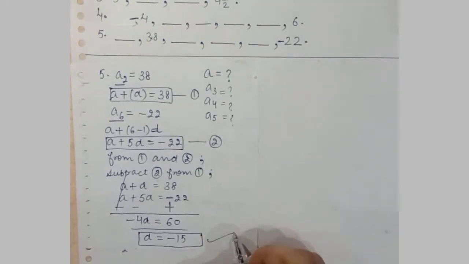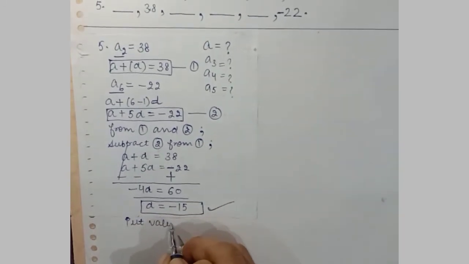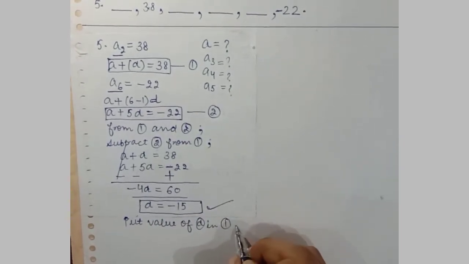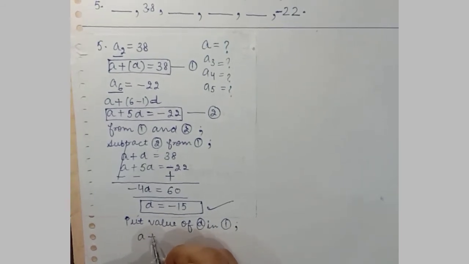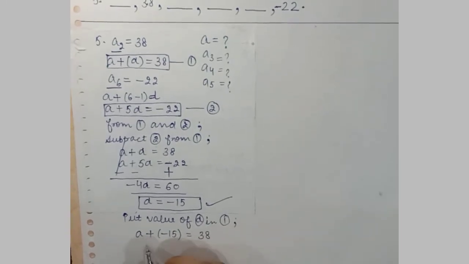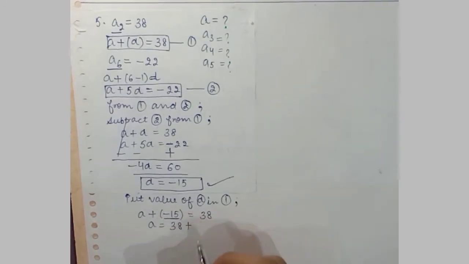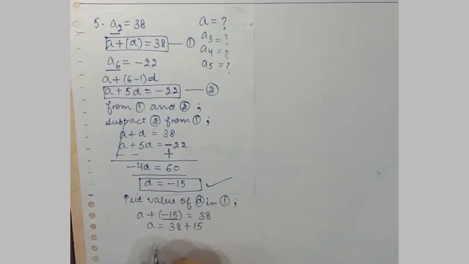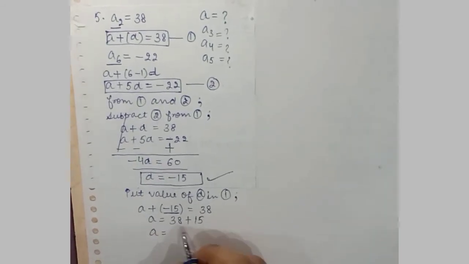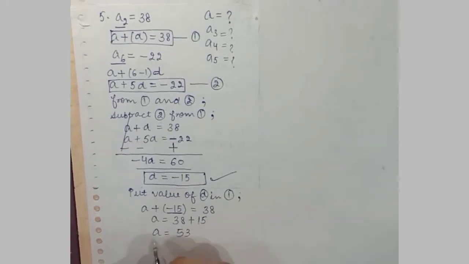Now put the common difference d in equation 1. A plus d, minus 15, is equal to 38. A is 38 plus 15. Is 53.